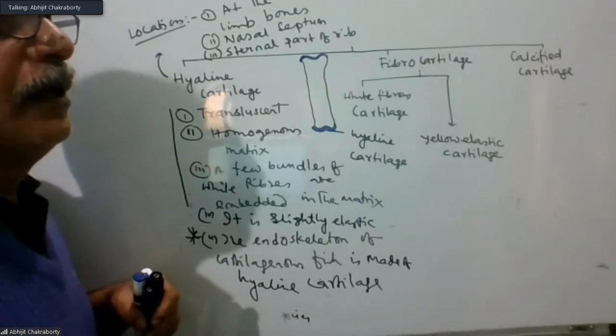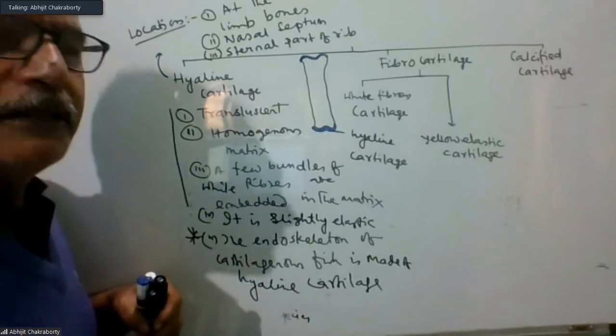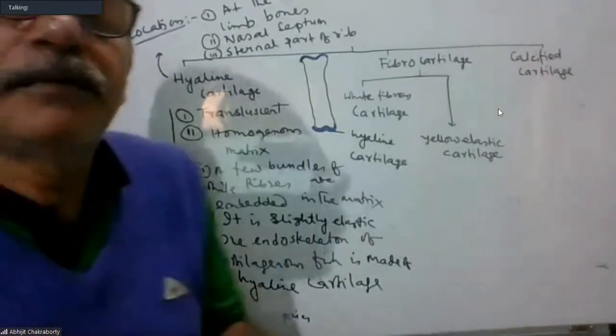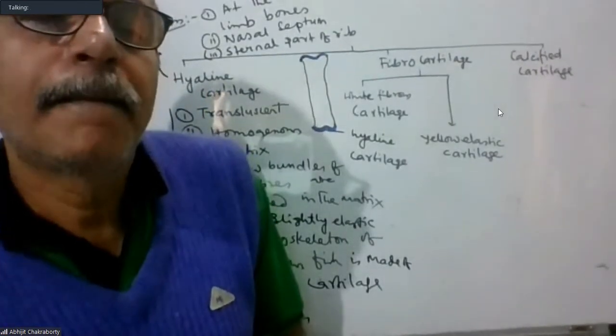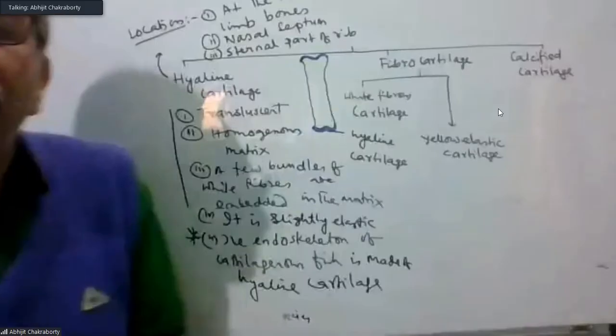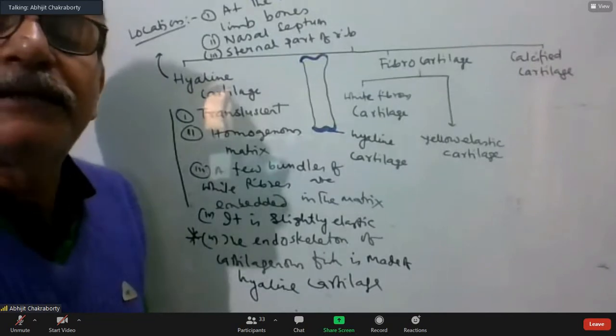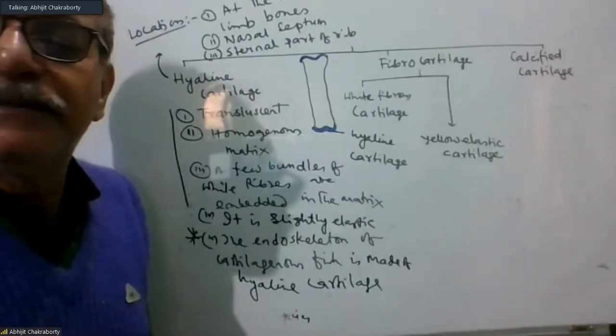Can you identify these parts which are hyaline cartilage actually? When they are found in the embryonic stage, their skeleton is mainly made of cartilage.